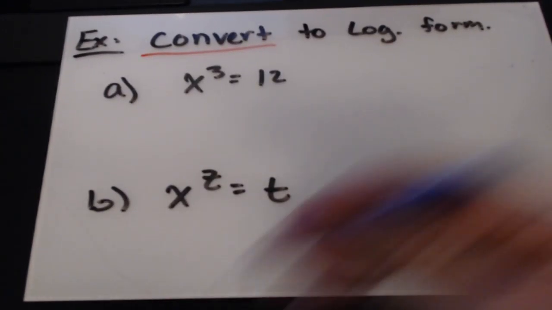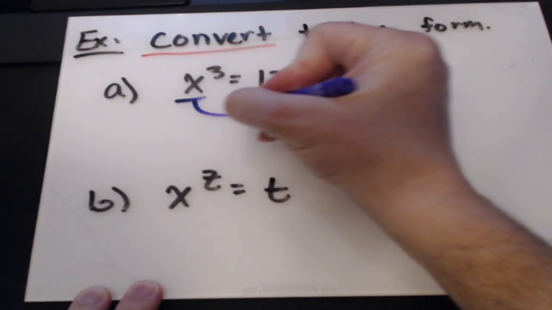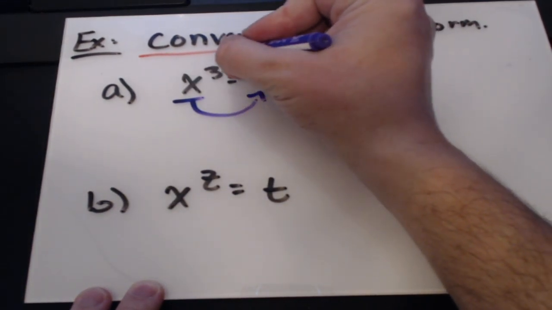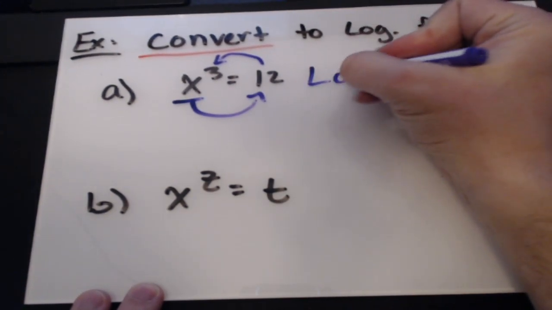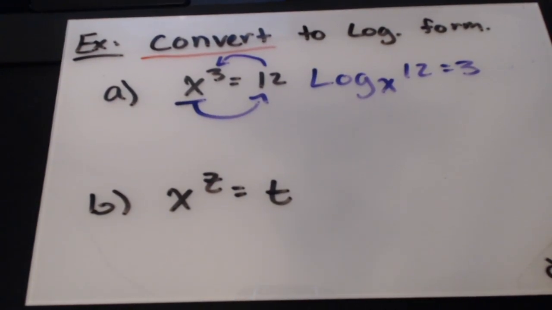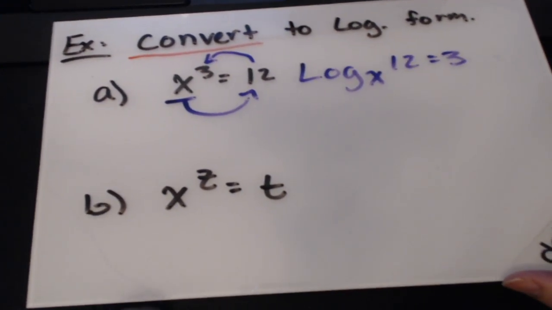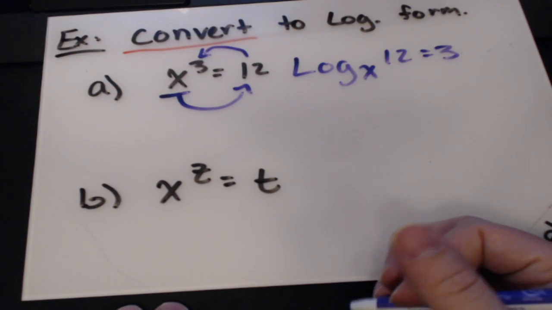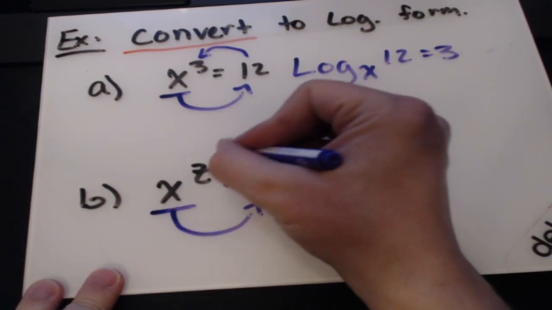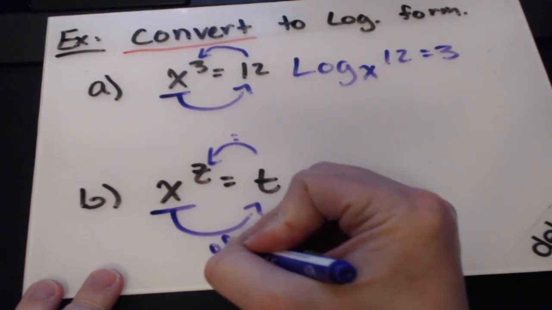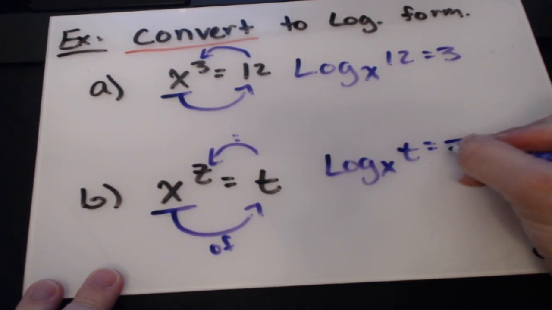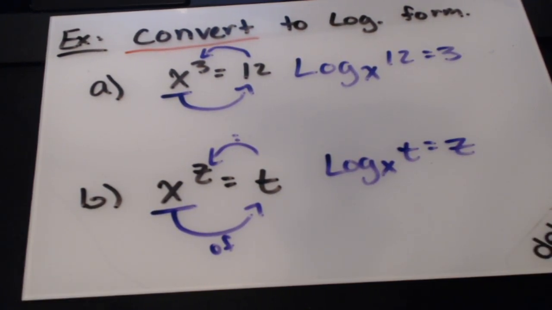So log base x of 12 equals 3. All right, easy peasy, nothing crazy. Do the same thing down here: log base x of t equals z. Those conversions are really simple.